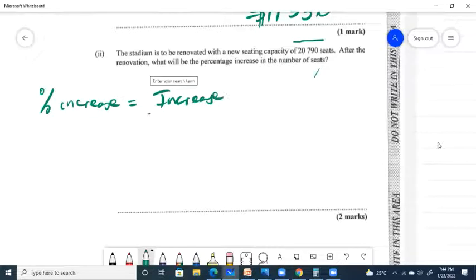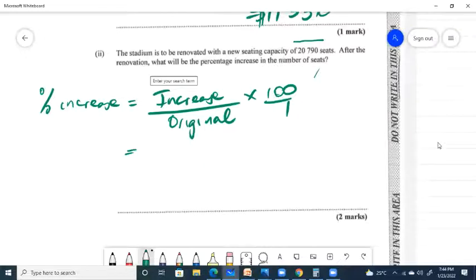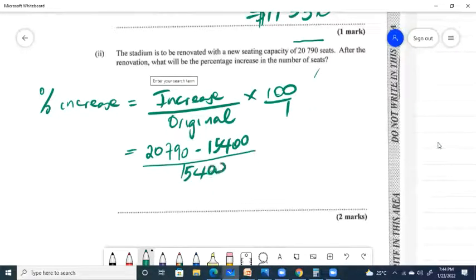So it is the increase over the original times 100 over 1. We set it up: 20,790 subtract 15,400, then put it back over the 15,400 and change it to a percentage.